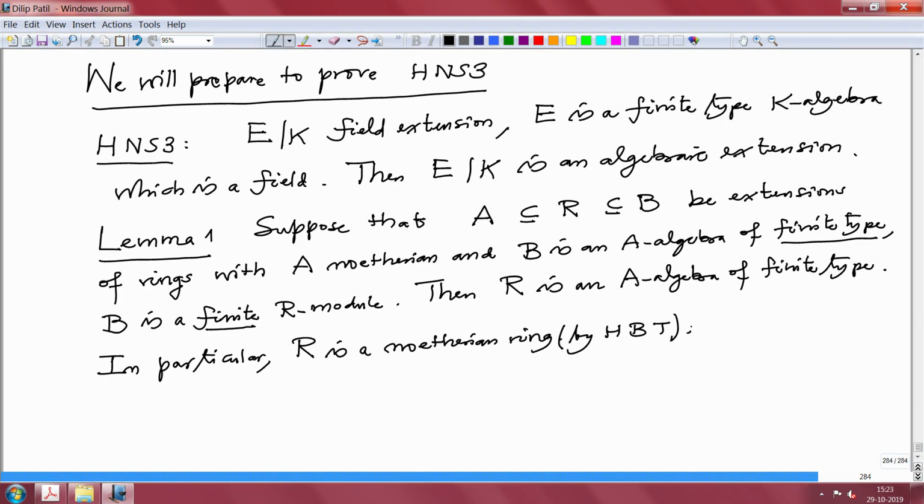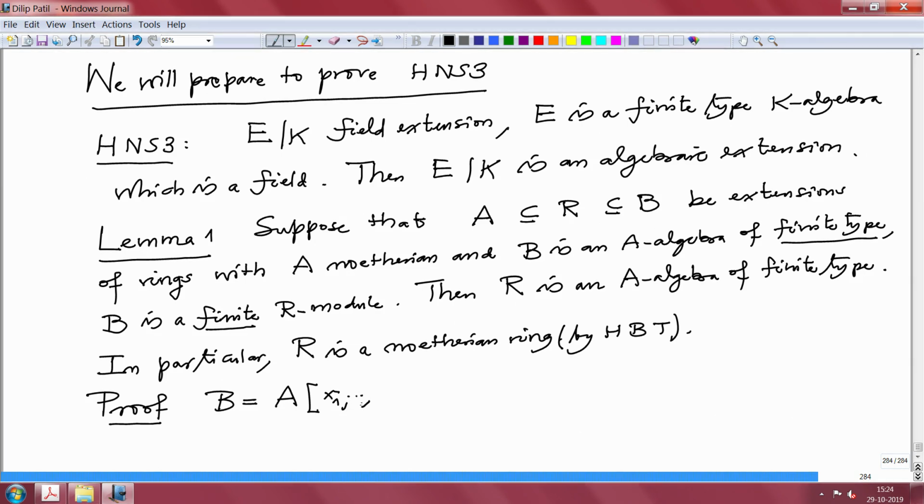Alright, so proof. Let us first write down what is given in the notation. A is Noetherian, that is given, and we are given that B is a finite type A algebra. So B equals A[x1, ..., xr].